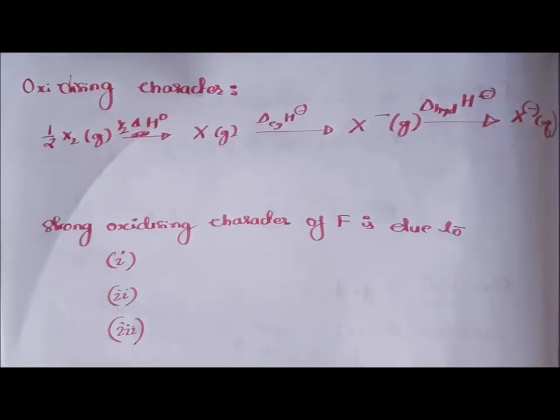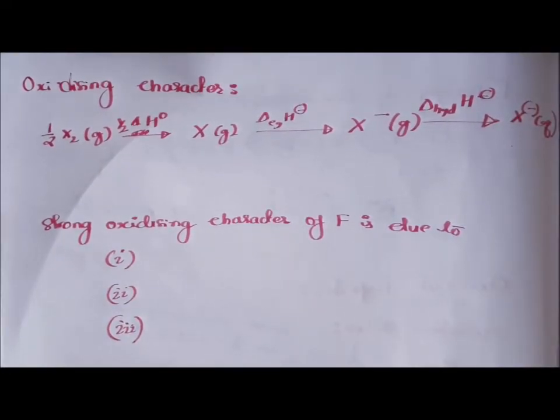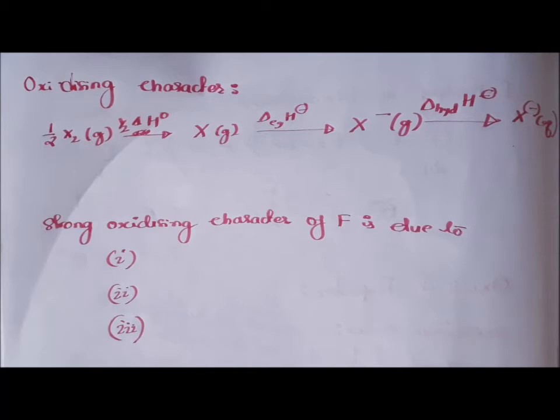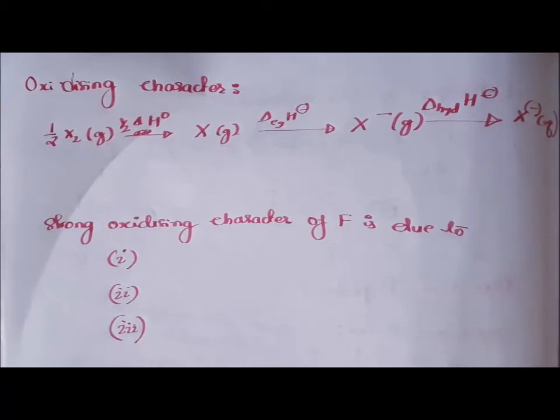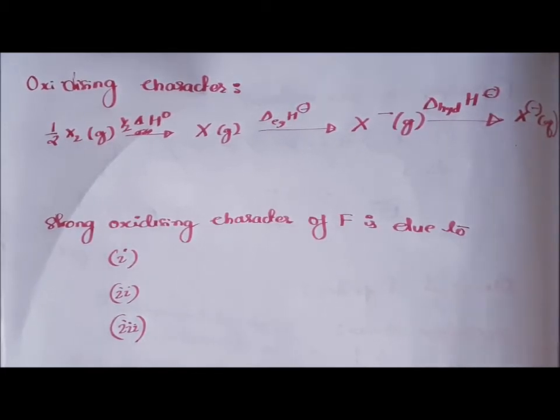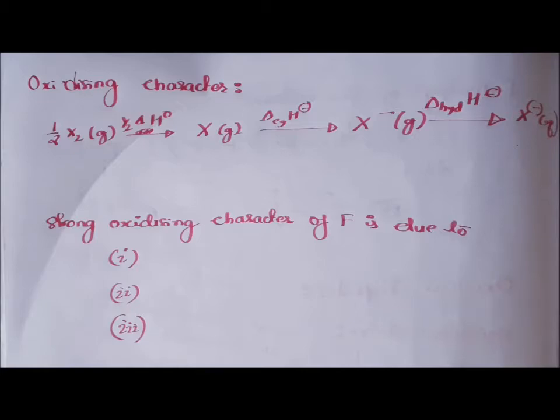Now next, the oxidizing character of the halogens. The halogens are strongly oxidizing in nature. Why? Because their electron gain enthalpy is more negative, so they easily accept one electron. Because of that, they are strong oxidizing agents. Now the oxidizing character depends on three parameters.